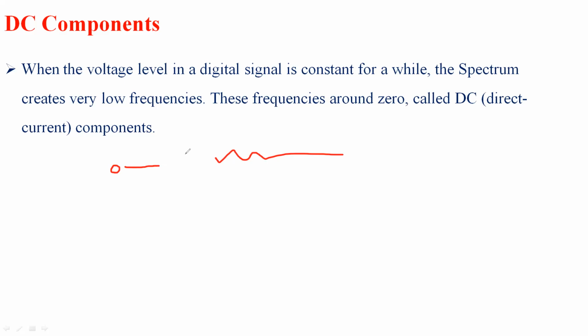At this fragment of time, the frequency of the voltage level around zero is called a direct current component. We know that direct current is not given for major purposes.